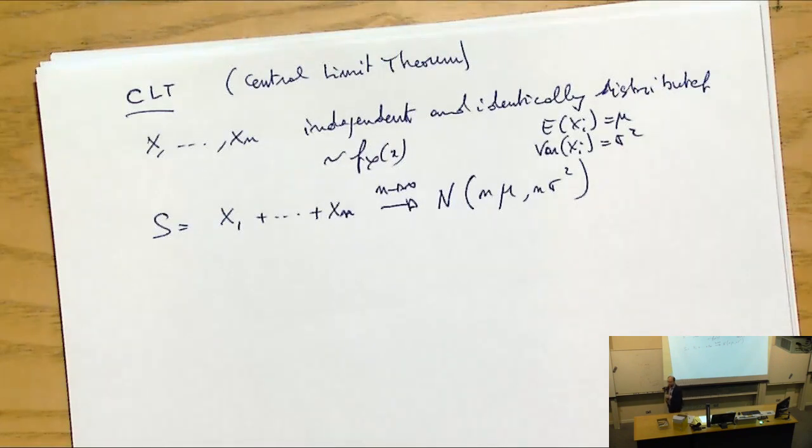Basically speaking, how many contributions do we expect for this to apply? Obviously it can't be like 5 or 6. It has to be large. In the limit it is up to infinity, but you can compute. It depends on your tolerance. If you want to design a system and you have the variance, you can compute it and see that at some point it becomes more and more Gaussian.